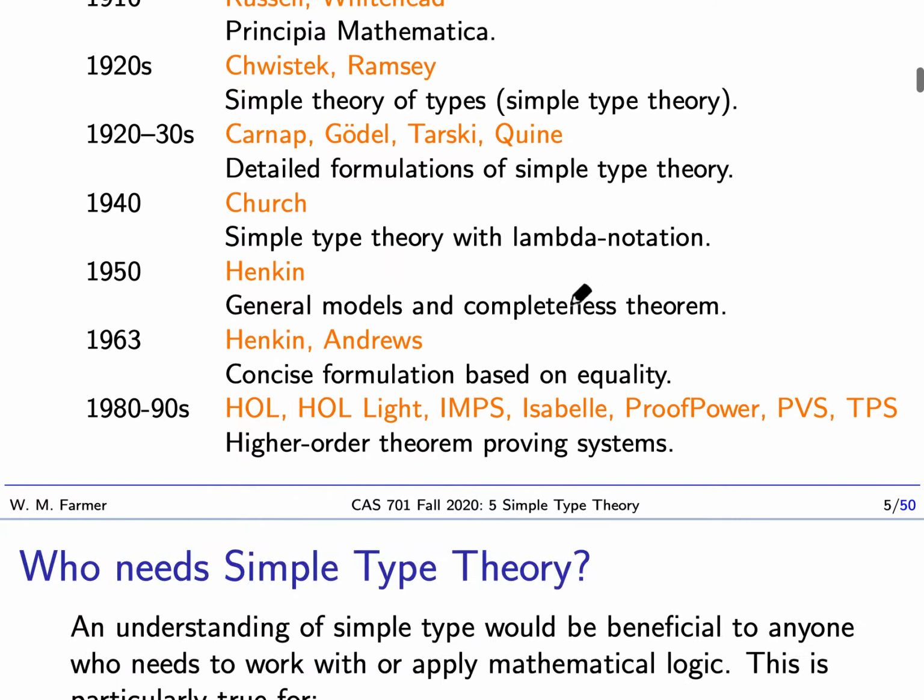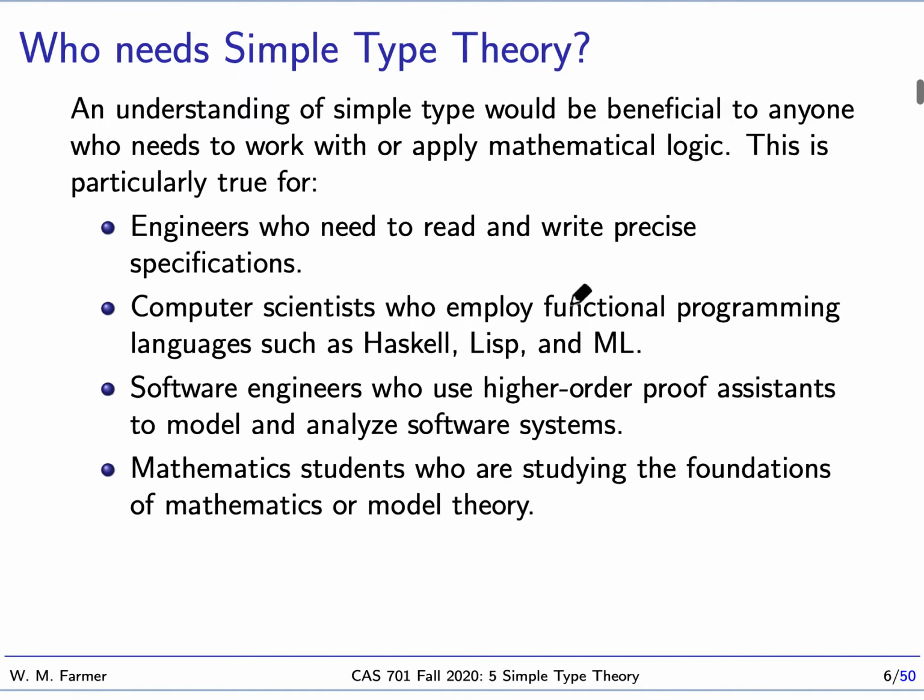So the question is, who needs simple type theory? My claim is that understanding simple type theory would be beneficial to anyone who needs to work with or apply mathematical logic.